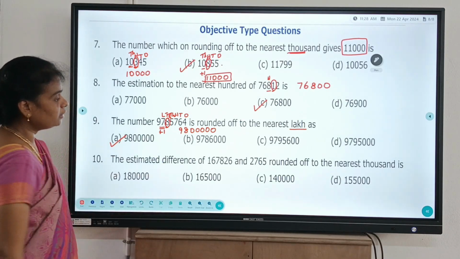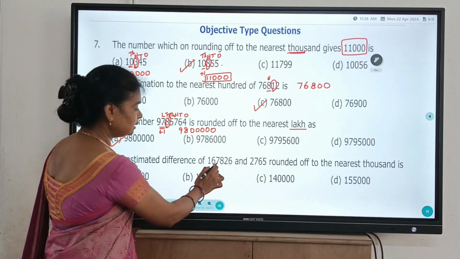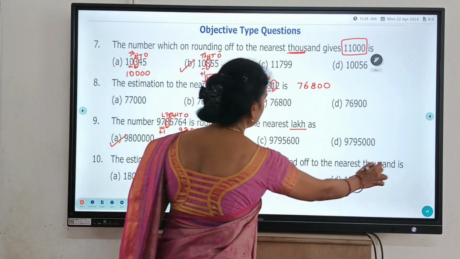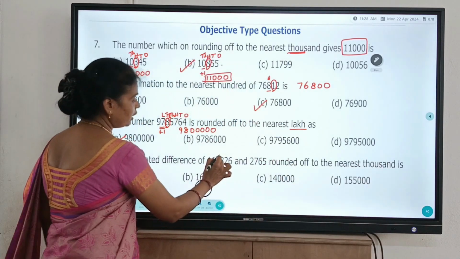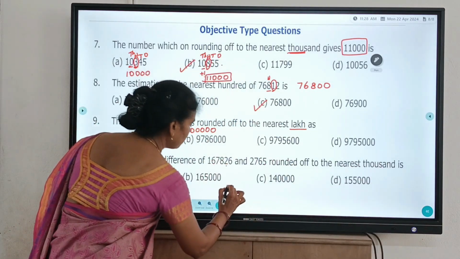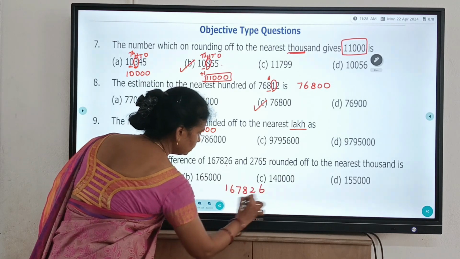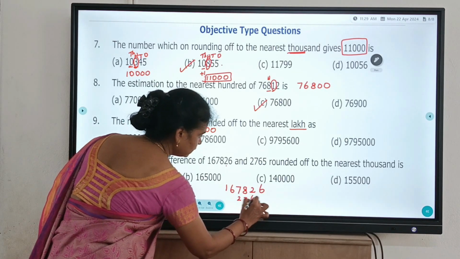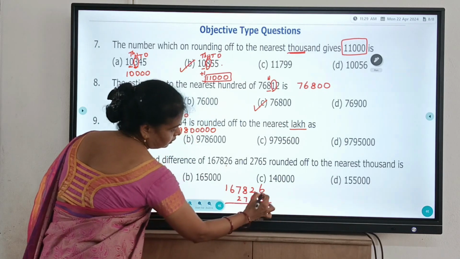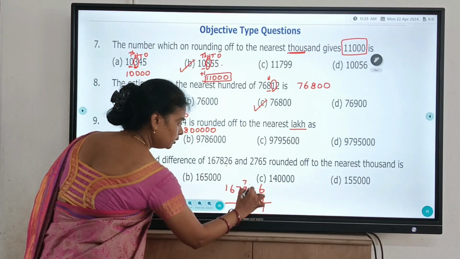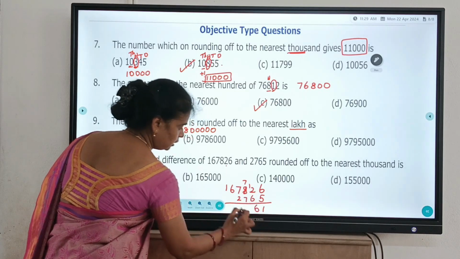Then the estimated difference of 167826 and 2765 rounded off to the nearest 1000. So you must find out the difference between these two numbers, 167826 and 2765. 6 minus 5 is 1. 12 minus 6 is 6.